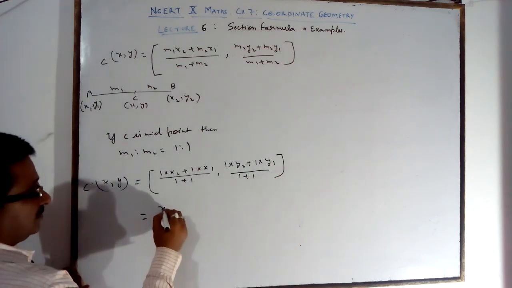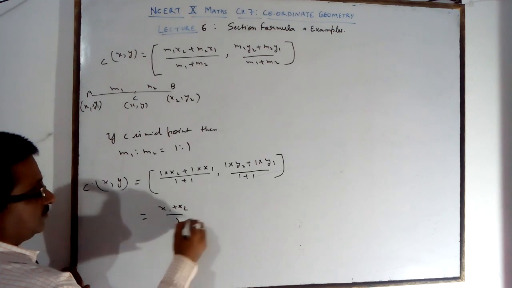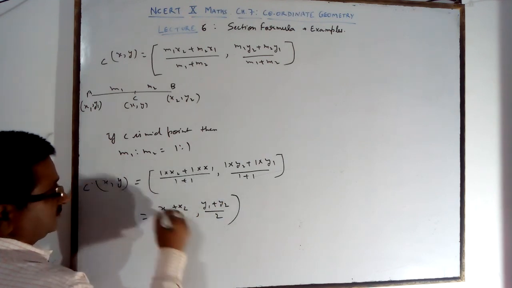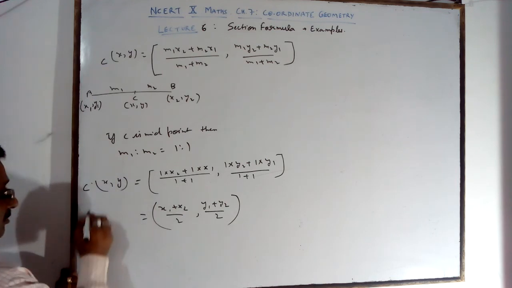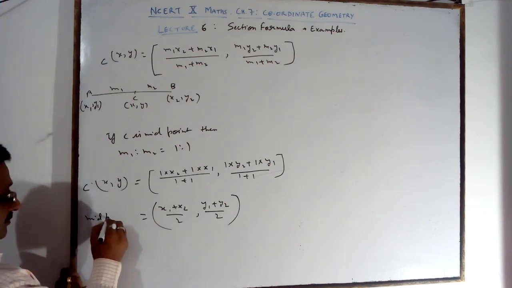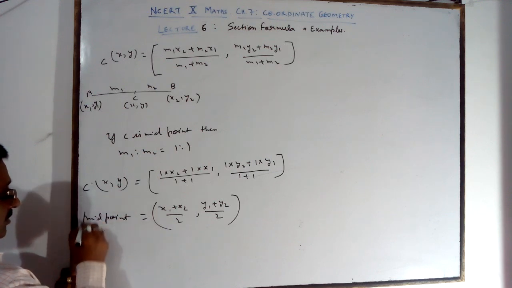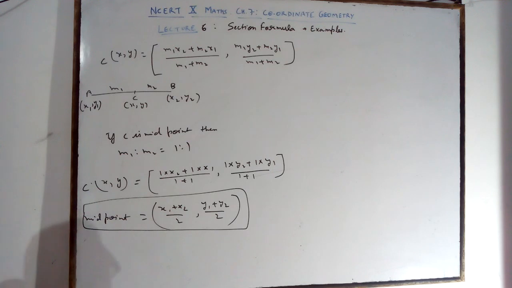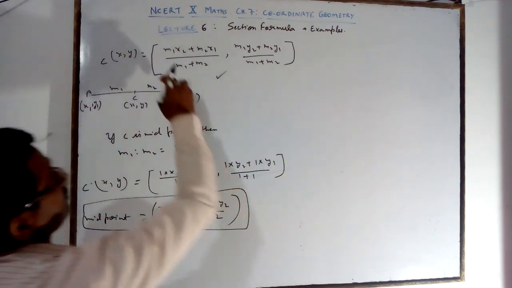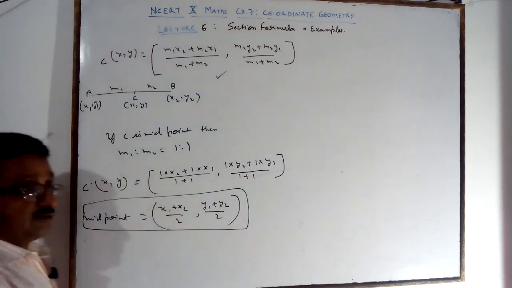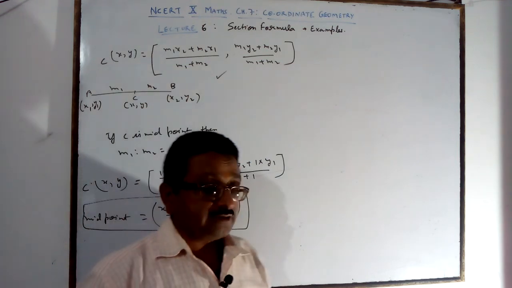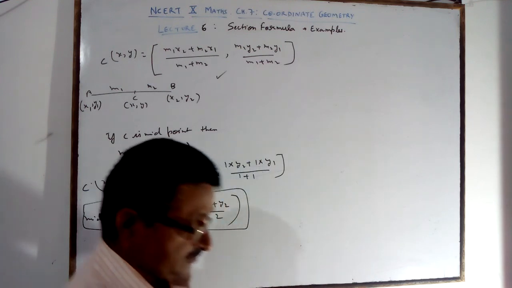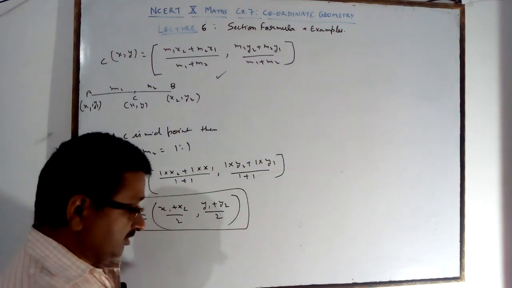It gives you x1 plus x2 by 2, comma y1 plus y2 by 2. It is the coordinate of the midpoint. You can calculate the midpoint of any line. This section formula gives the coordinates of the midpoint, which also divides the line in a fixed ratio.